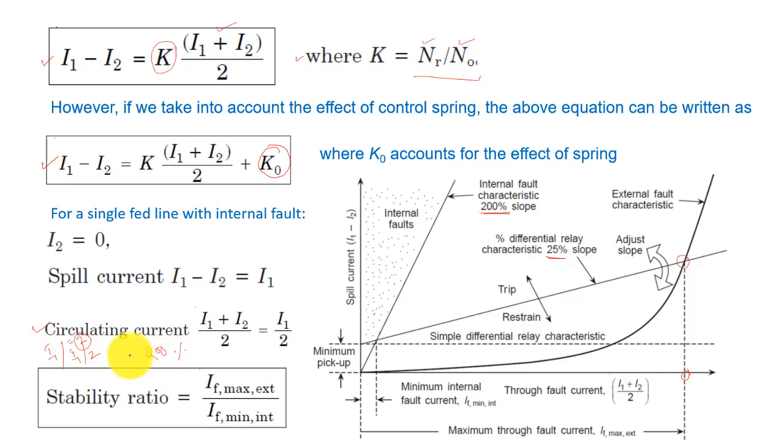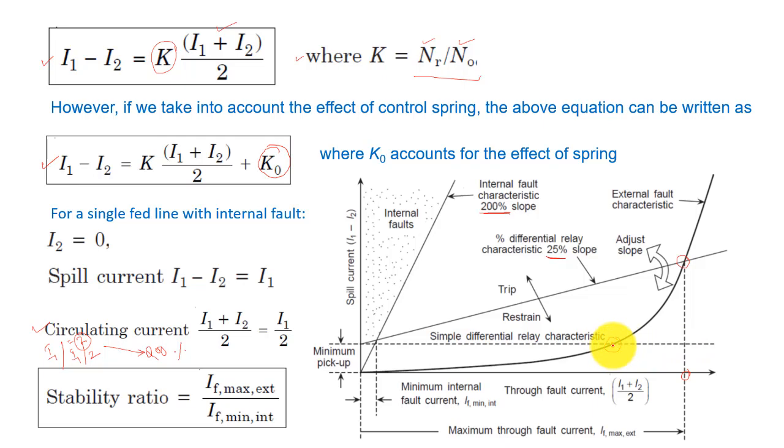This is 200%. And your stability ratio also improves as compared to the simple differential relay characteristic. This parallel dotted line is your simple differential relay characteristic, and in fact this is intersecting at this point.